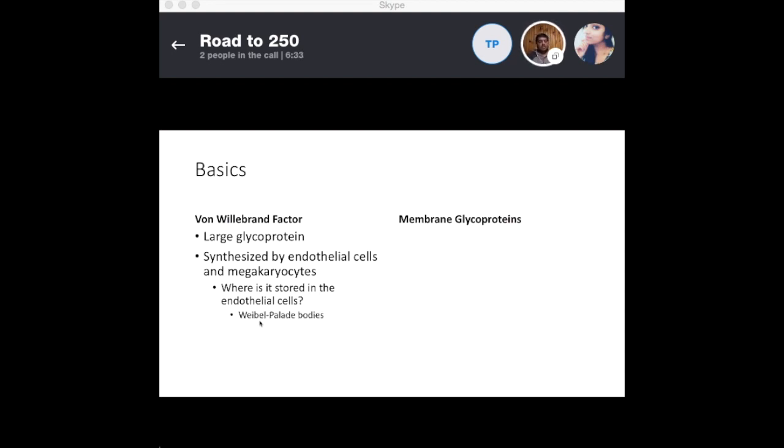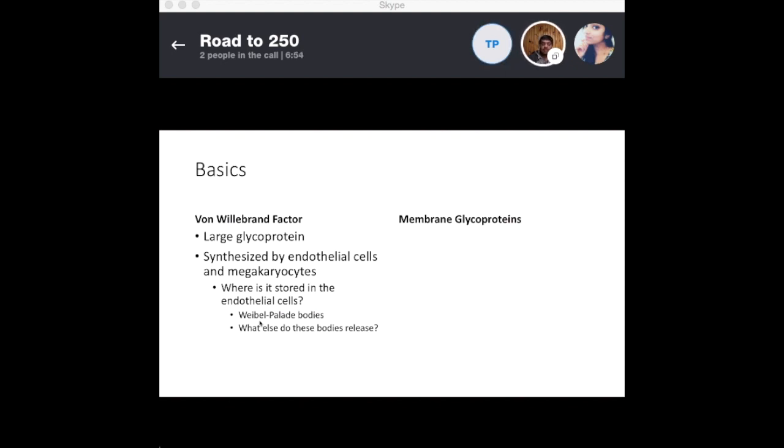The Weibel-Palade bodies. And what else do these bodies release? Does anybody know? Factor 8. Okay, so you're thinking about von Willebrand factor that's attached to factor 8.